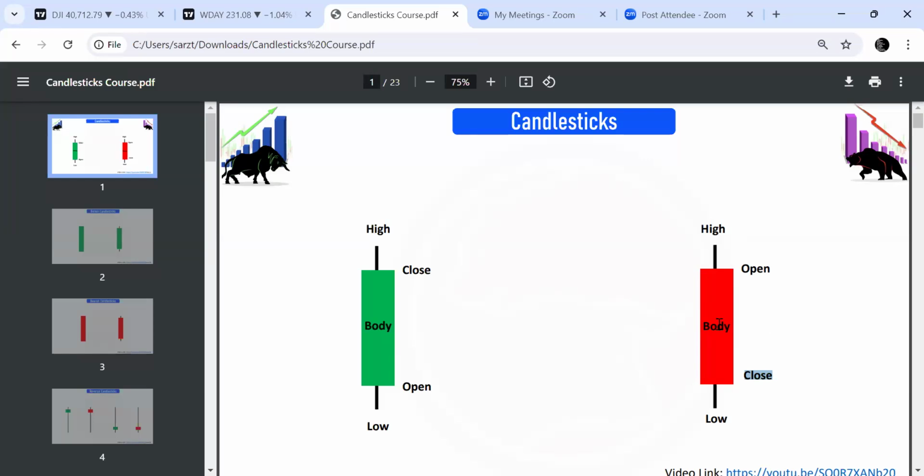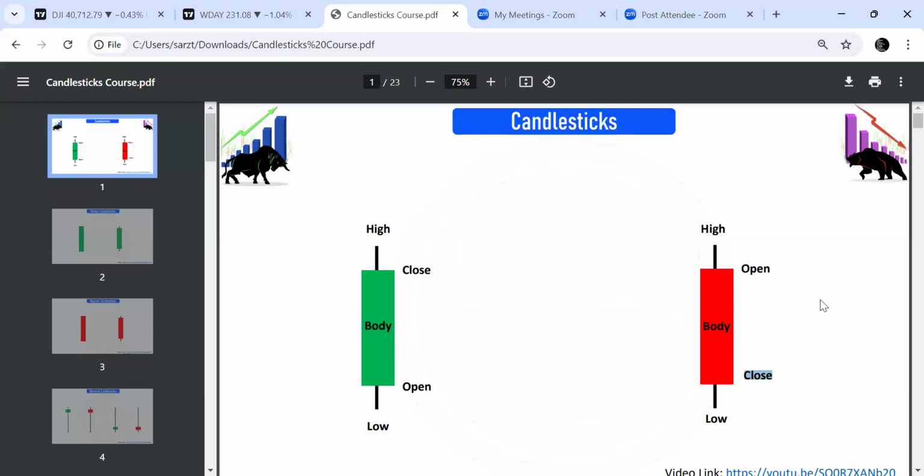The body and wicks together create a comprehensive picture of price action, which helps us identify potential market trends and patterns. To understand these candlesticks, we will divide them into three types. You may have heard somewhere that there are n number of candlesticks, tens of different types with various names.